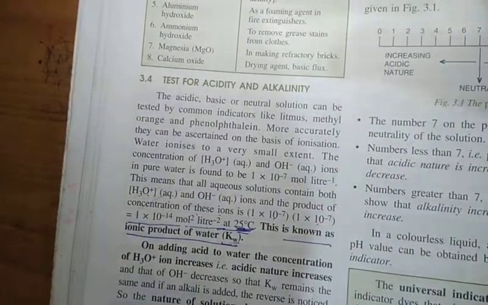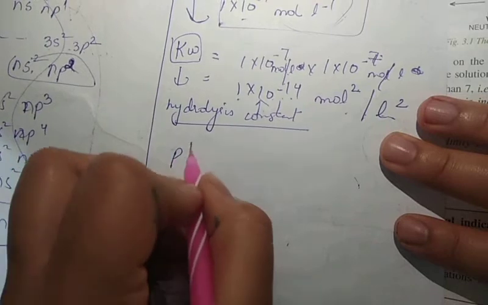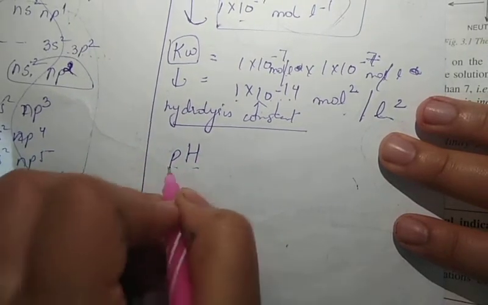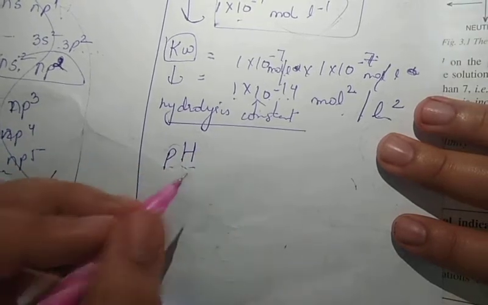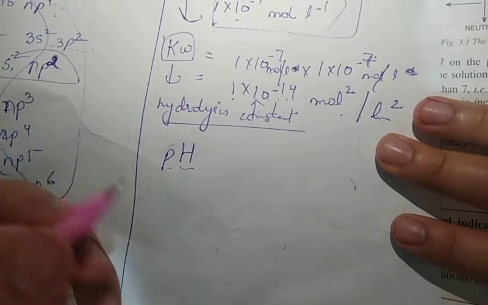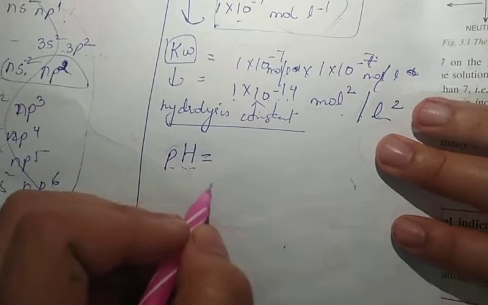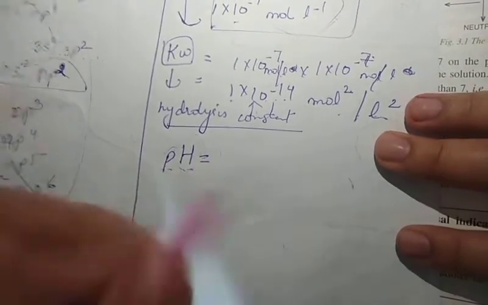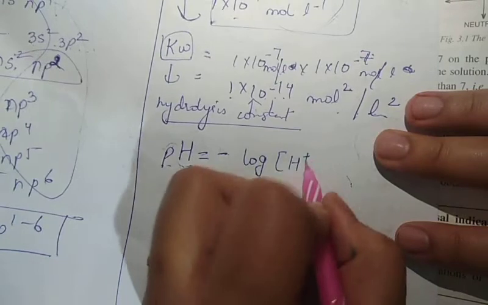Now, a new term is introduced, that is pH. What does this pH mean? pH explains to what extent a particular acid is acidic or a base is basic. Mathematically it can be written as pH equals minus logarithm of the concentration of hydronium ion.